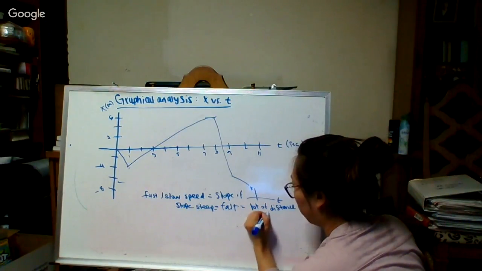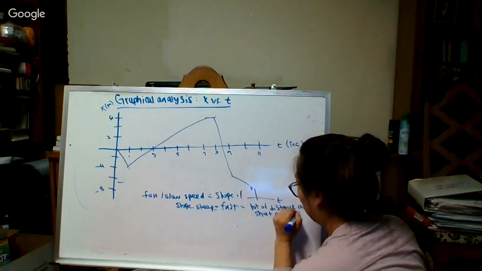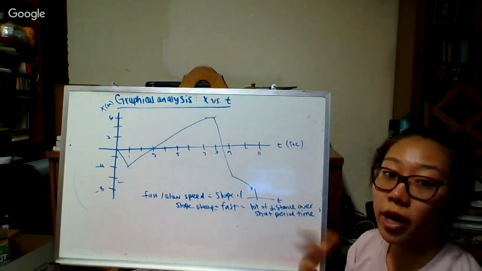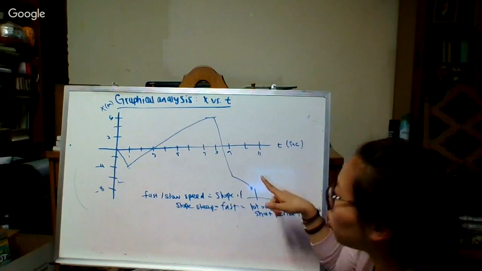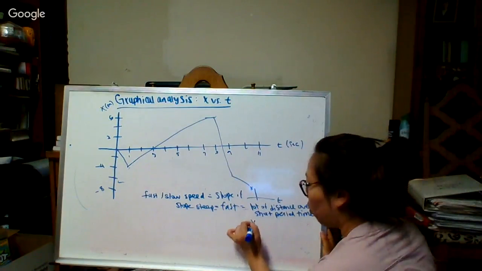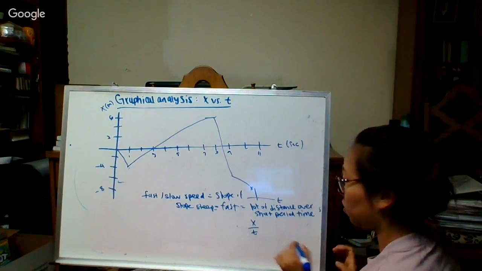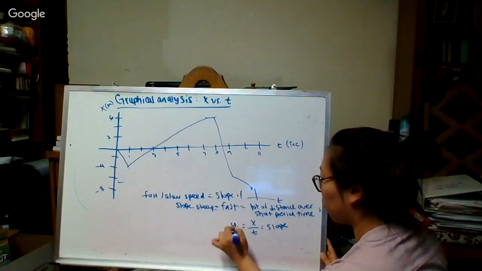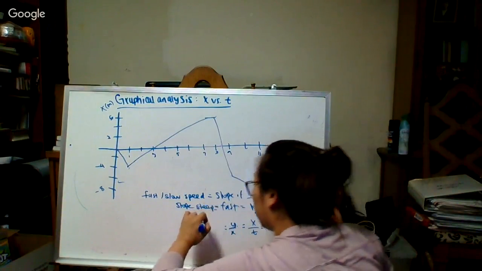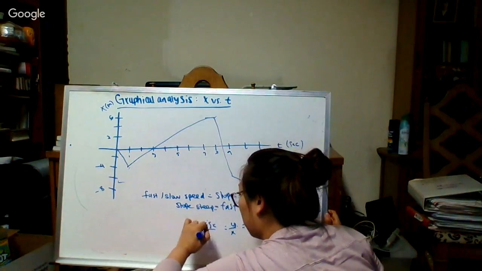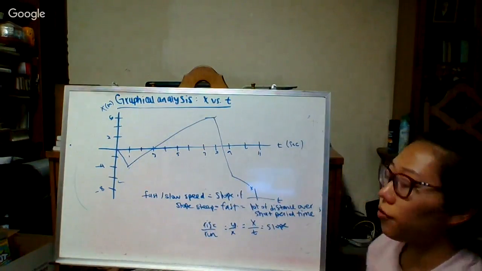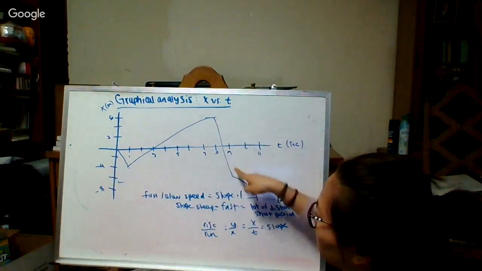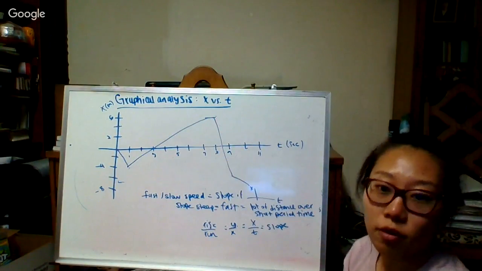Which makes sense because the slope of this would be, because of rise over run, the x over t, right? That's your slope. Because y over x or rise over run. Right? So if you're looking at the fastest speed, it's going to be this one, between 8 to 9 seconds, for that reason.